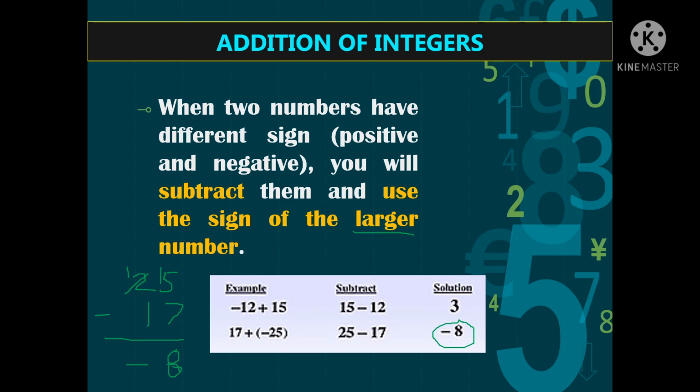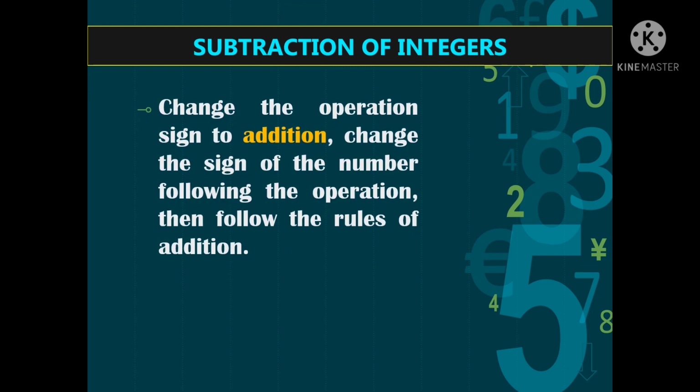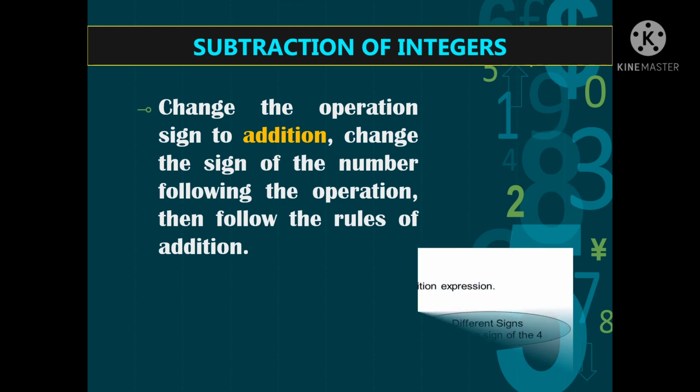So now we're done with addition. Let us now proceed to subtraction of integers. So this is the rule. Change the operation sign to addition. Change the sign of the number following the operation, and then follow the rules of addition. So we have this example.